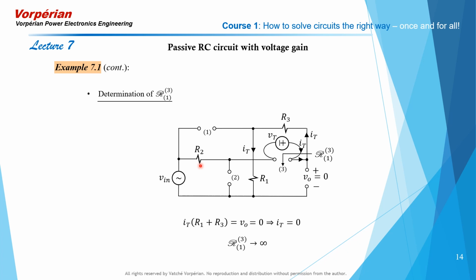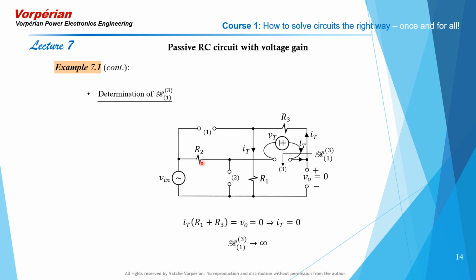And in that case, the only way IT can be nulled is to make Vin equal and opposite to Vt, because V0 nulled, as we said, means according to this loop here, going around this way, look at it carefully, the current IT is given by Vin plus Vt divided by R2.